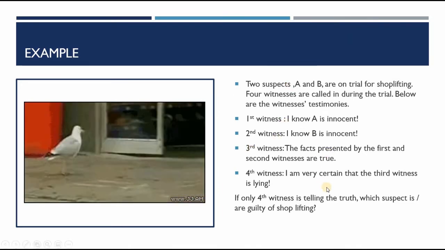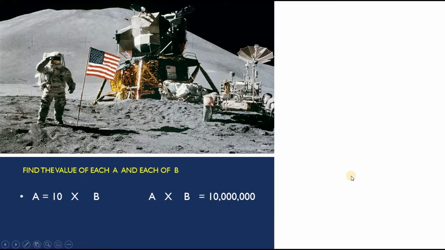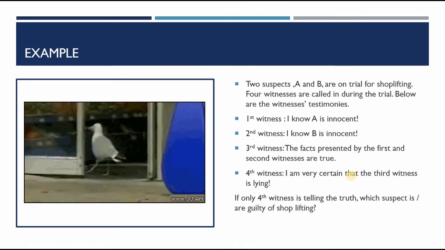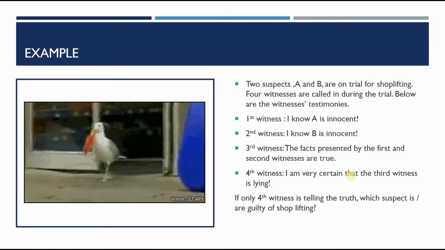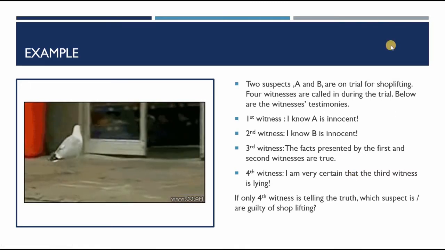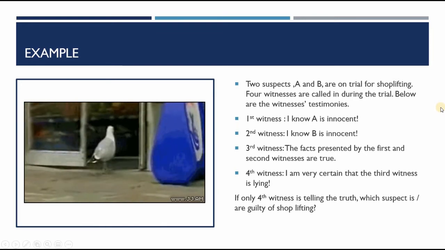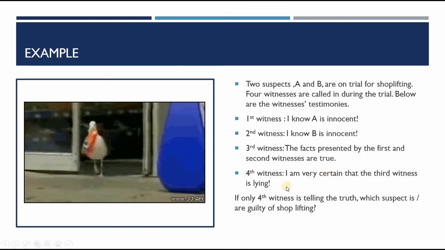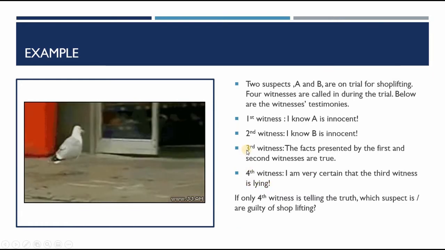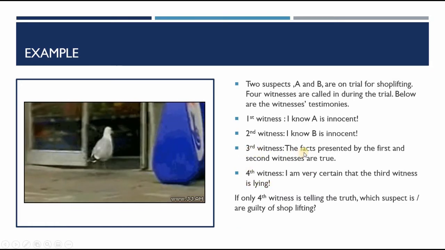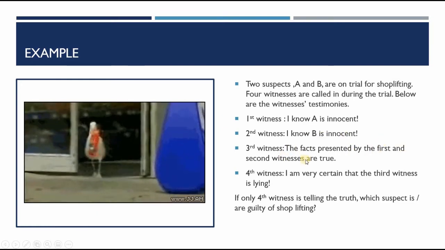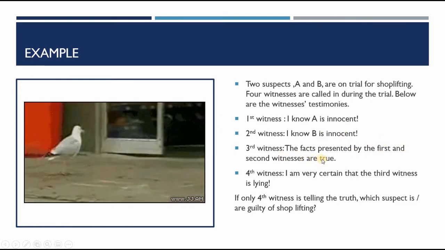So if we are assuming that the fourth witness is telling the truth, then what else can or cannot be true? Look at the statement the fourth witness made: I'm very certain that the third witness is lying. Look at what the third witness said: the facts presented by the first and second witnesses are true.